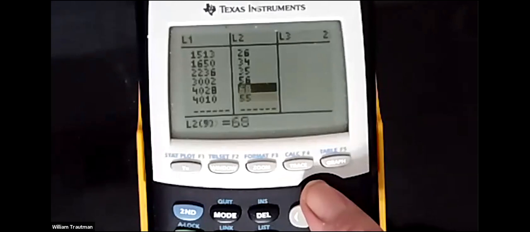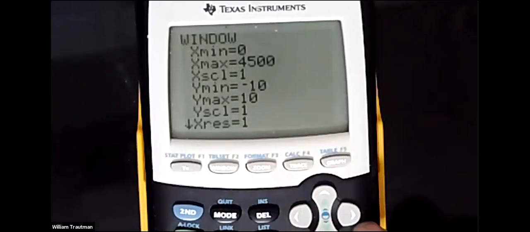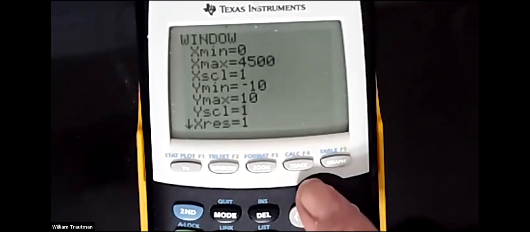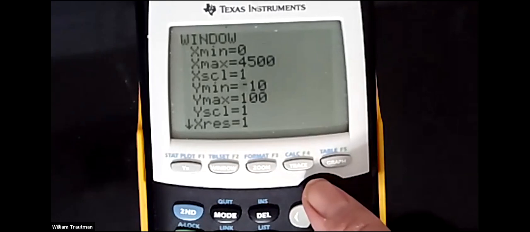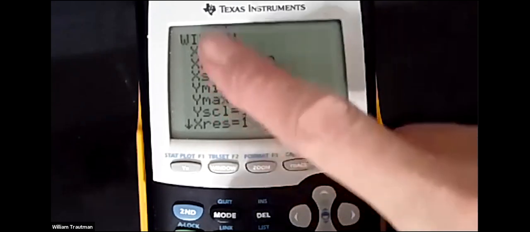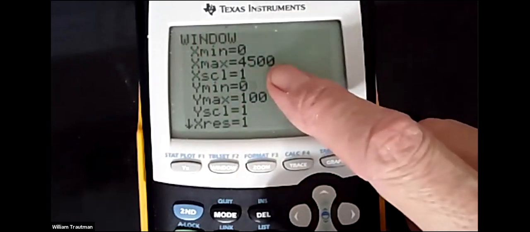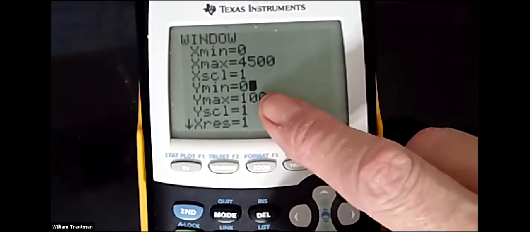So the highest data is 68. When I go to my window now, my maximum has to be more than 68. I'm just going to put 100. And you don't have negative numbers in this data, so I'm just going to put 0. So my x-axis is going to go from 0 to 4,500, my y-axis from 0 to 100.